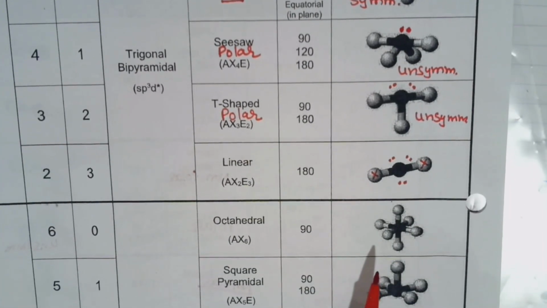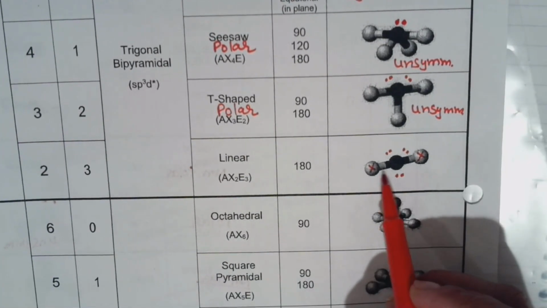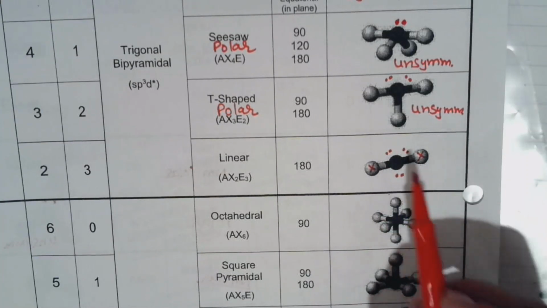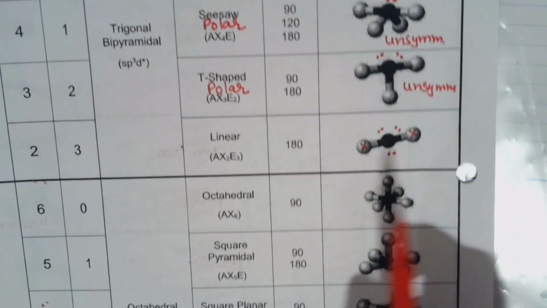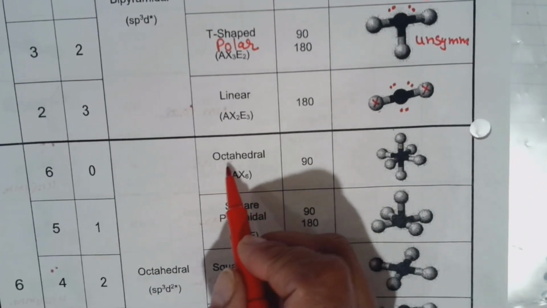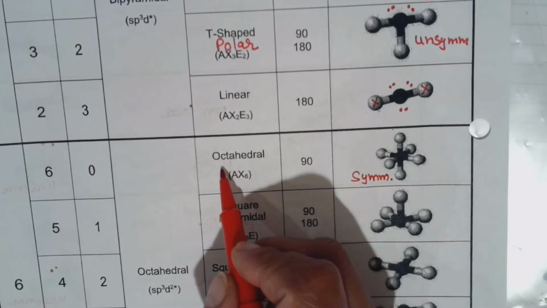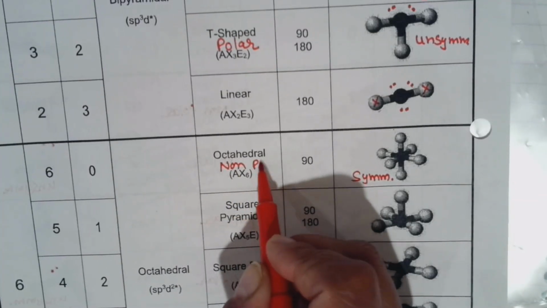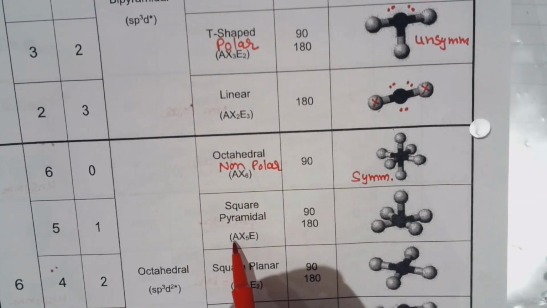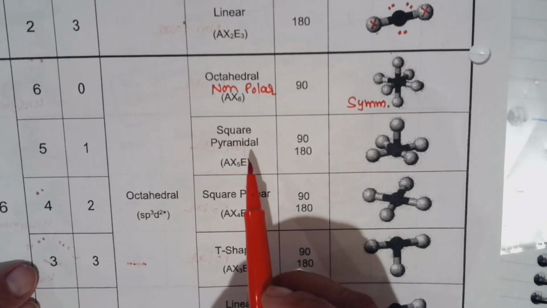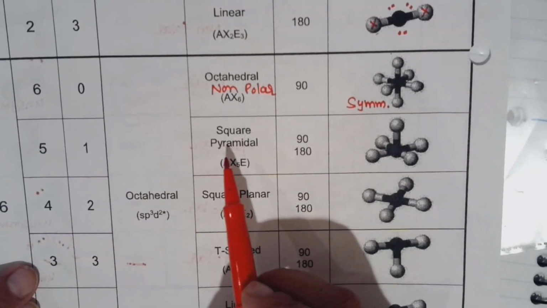So linear shape is non-polar when there are the same atoms on the 2 sides. Octahedral is symmetrical when X atoms are the same, and hence non-polar, whereas all the distortions with a lone pair are different.